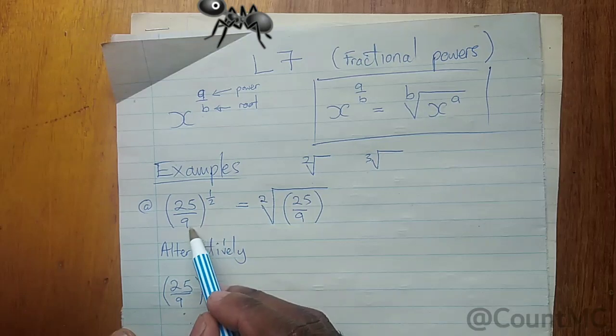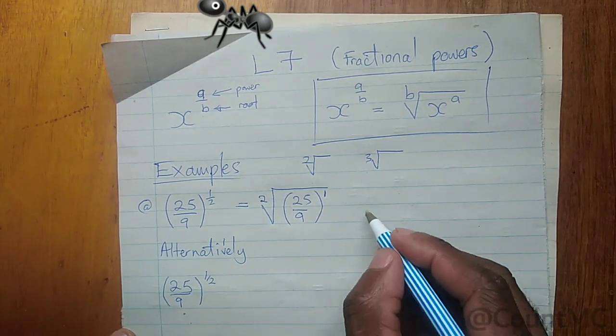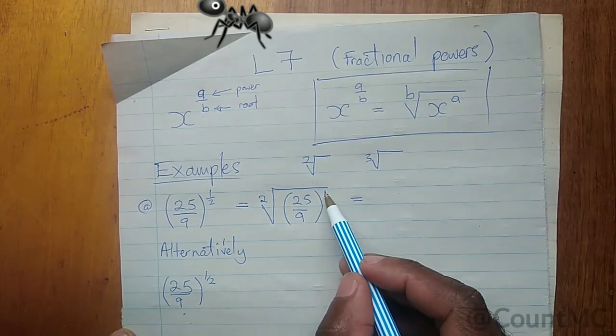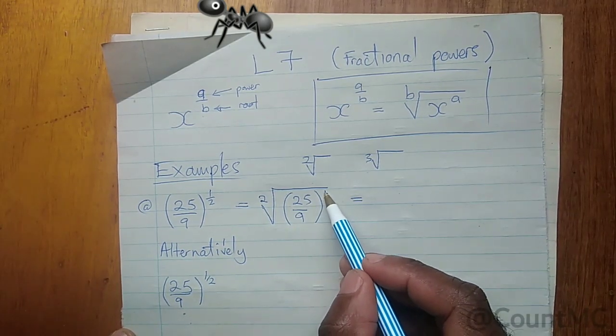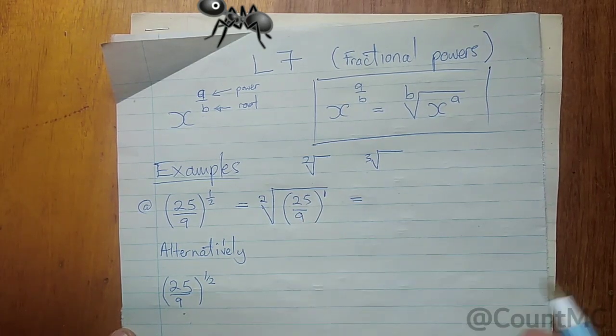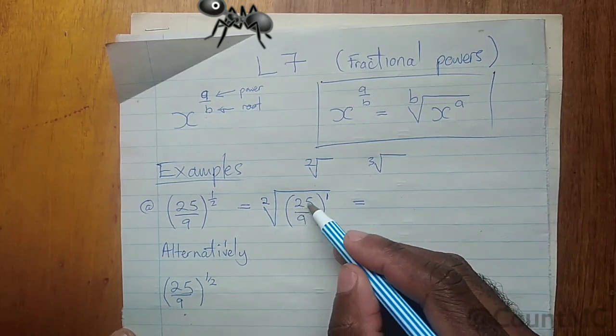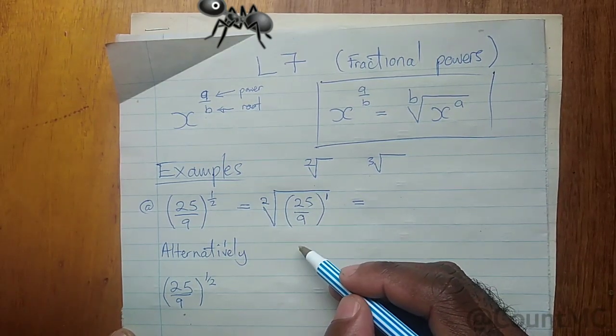Then this 1 means it's the power of the whole bracket to the power 1. So you can apply the power first. 25 to the power 1, 9 to the power 1, nothing will change. It will be just 25 over 9.